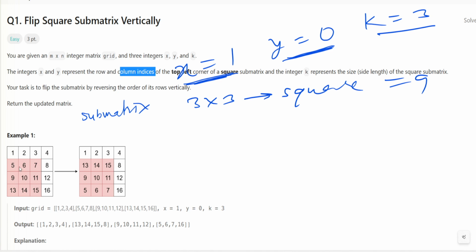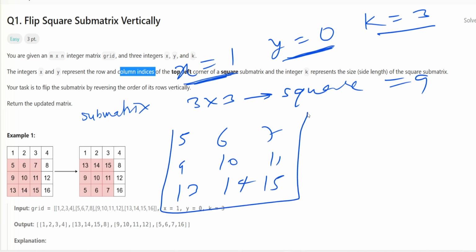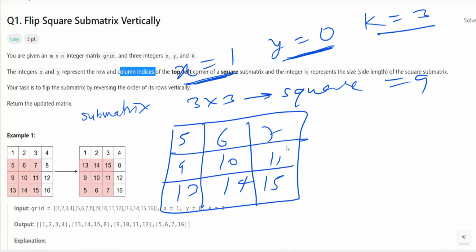Now you clearly understand what the submatrix is. If you write the submatrix, we have 5 6 7, 9 10 11, 13 14 15. So this is the 3 by 3 submatrix that we are talking about.